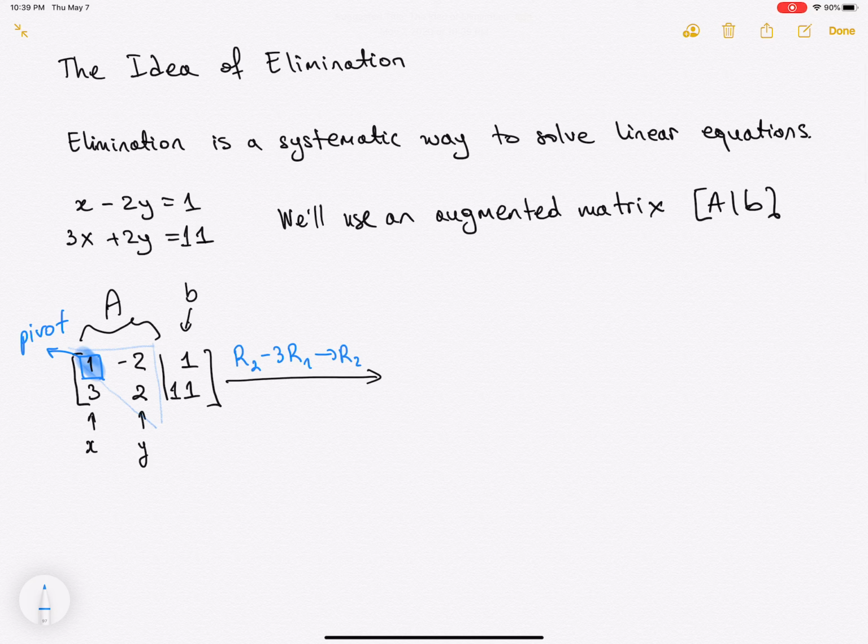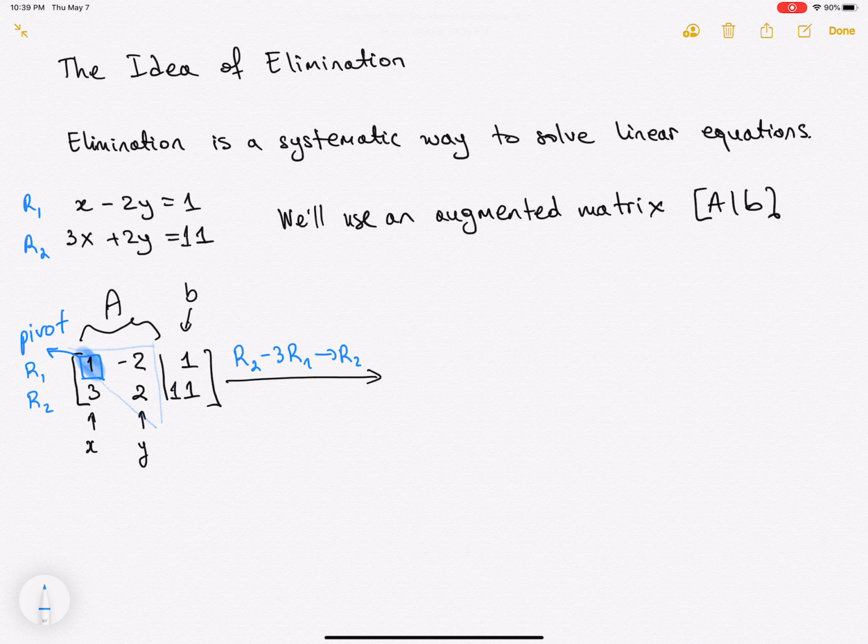Now, what do I mean by this? By R1, I'm referring to the first row of the matrix, and by R2, I'm referring to the second row. In the system of equations, R1 would refer to the first equation, and R2 would refer to the second equation.